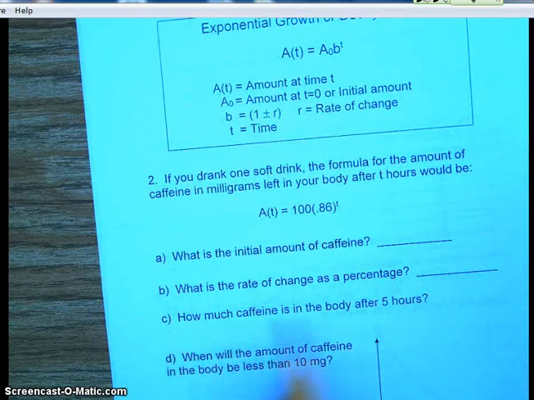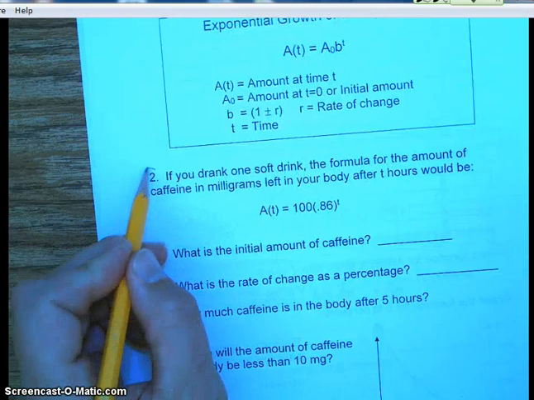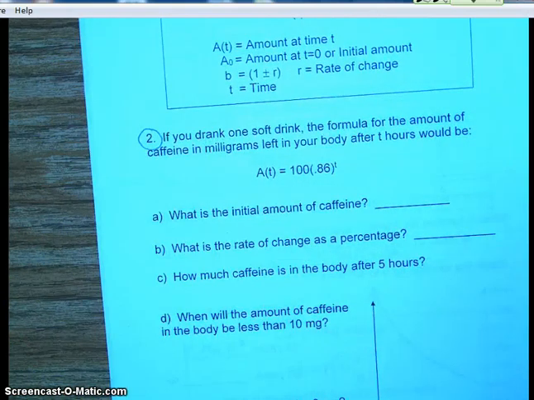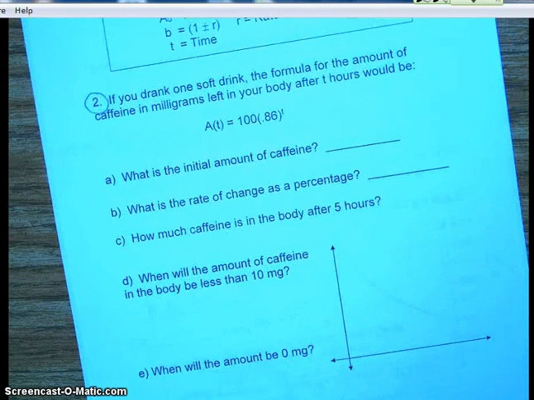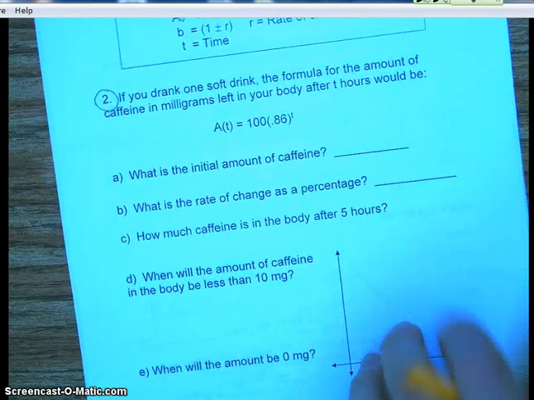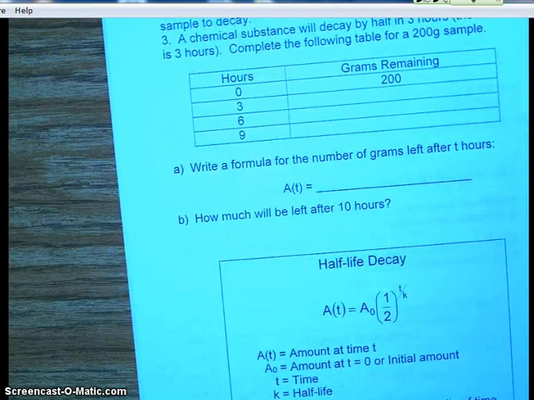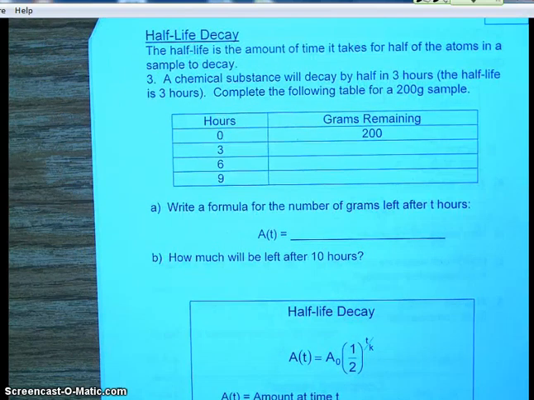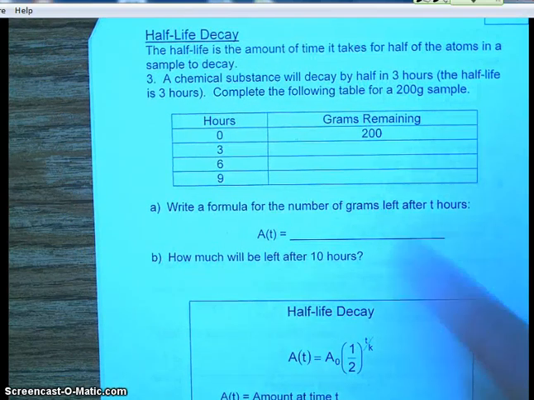How much caffeine is the... I want you to try to answer number 2 for Monday. Try to do all of this information right here, based on what you've learned so far. And we'll pick it up in another video Monday night with half-life decay. Hope you guys are having a good weekend.